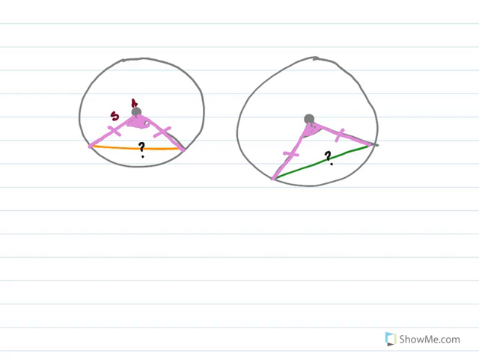So now I could say that these two chords were equal. This chord equal to this chord, because the triangles were congruent. Triangles congruent, so chords equal by CPCT.